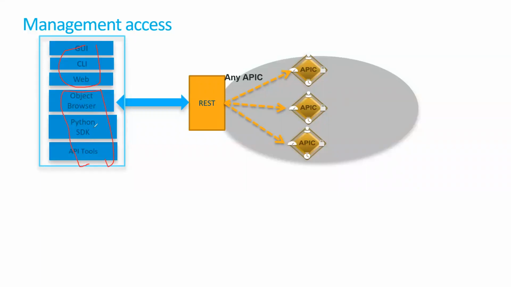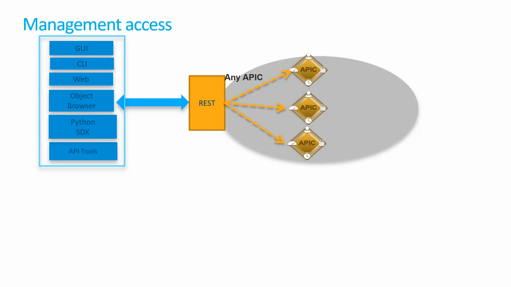If you have experience with the Python SDK or the object browser, you know how it works. If you have API tools, you can log into the APIC and configure the entire APIC. So it's a very open space. If you are a network person, you can use CLI and UI.